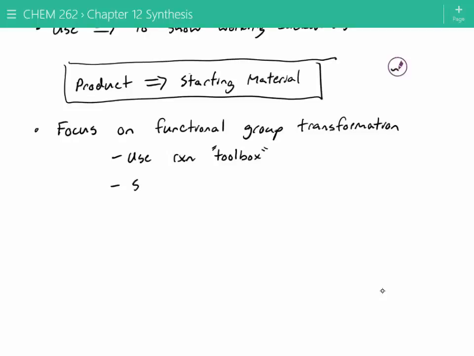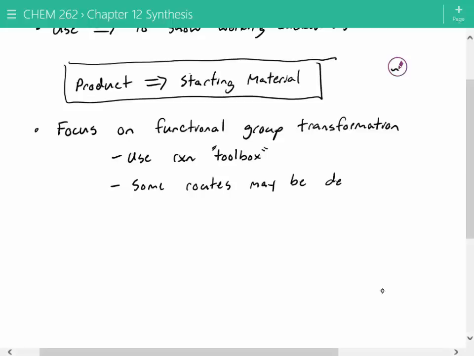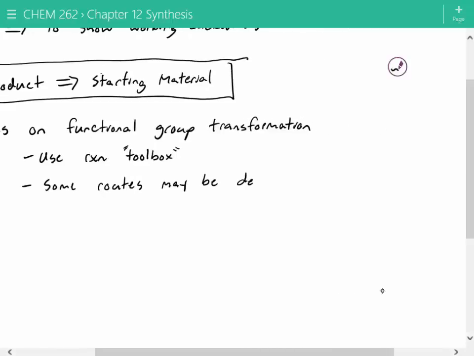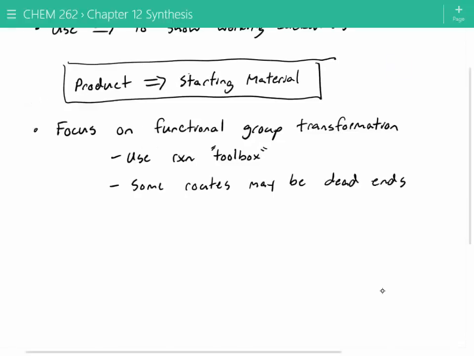So it's important to remember that some routes may be dead ends. But don't lose focus if you run into a dead end. Try to plan out a full line of attack with a bunch of options and then go from there. Sometimes it can save you in a pinch.